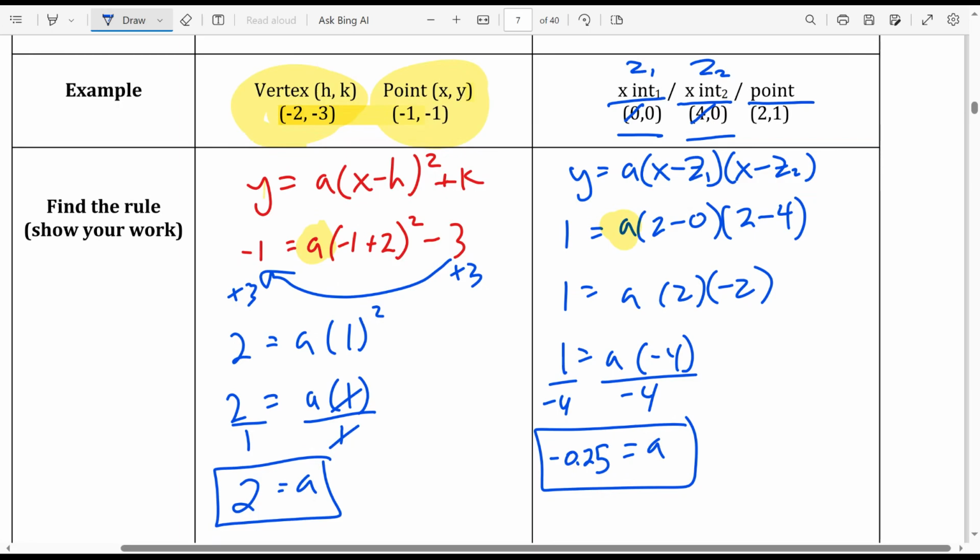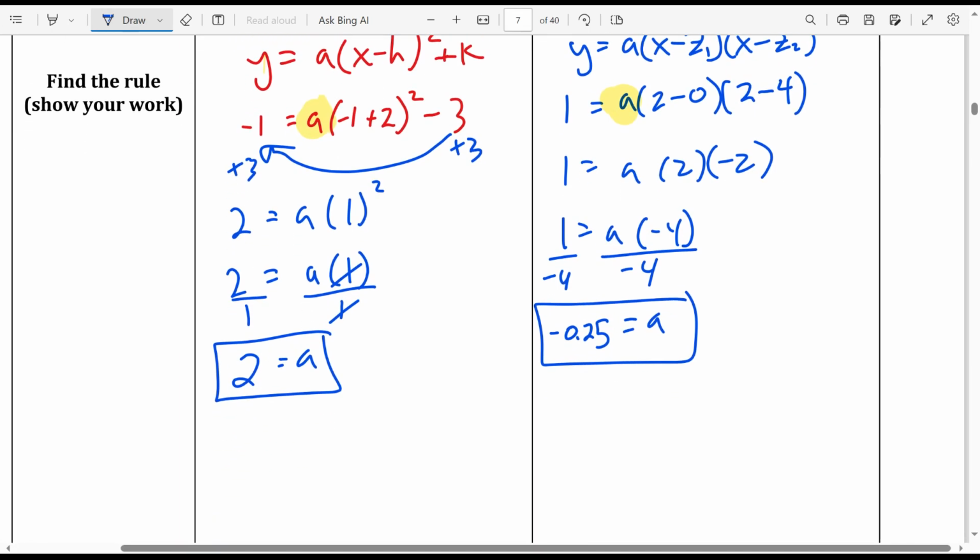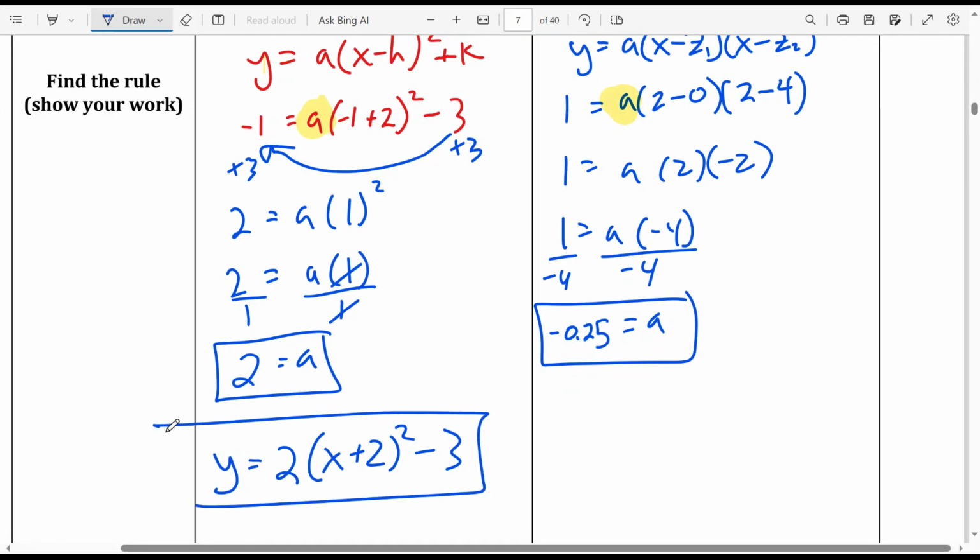That is how we find both rules. Now just to clarify as well, once you get a is 2, what I want you to write at the bottom is y is equal to 2(x plus 2) squared minus 3. That is the rule in full now. I can use that for other purposes.